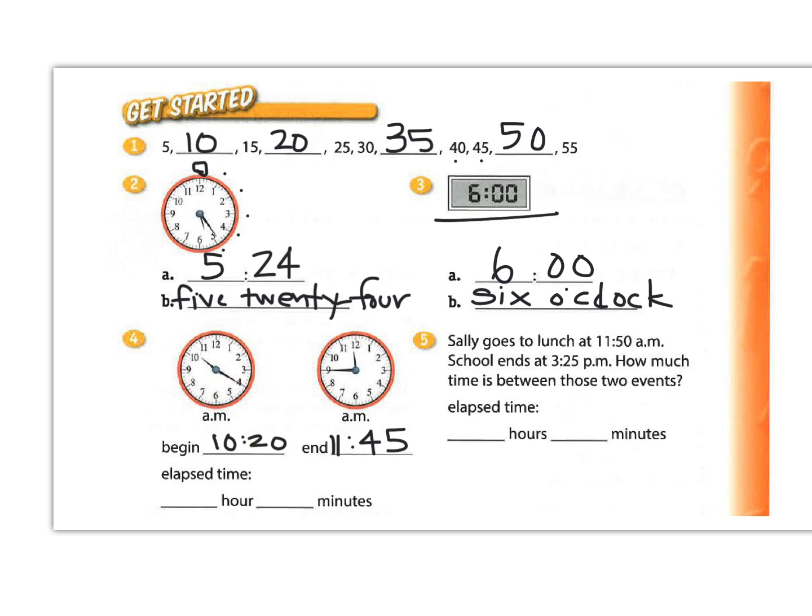So that means that I got to 11:20 right here for an hour. But now I need to figure out how many more minutes that is. So I'm going to count the minutes from the 4. So 5, 10, 15, 20, 25. So it's another 25 minutes. So the total time was 1 hour and 25 minutes of elapsed time.